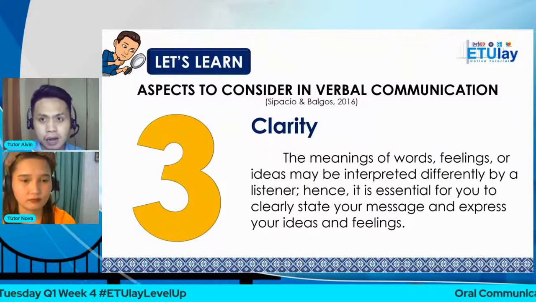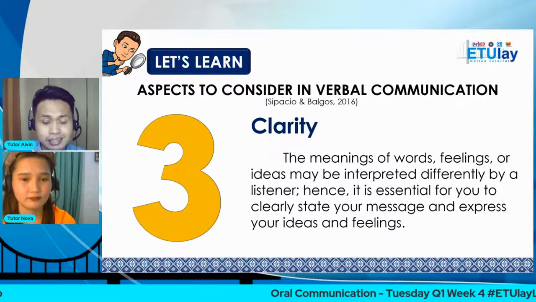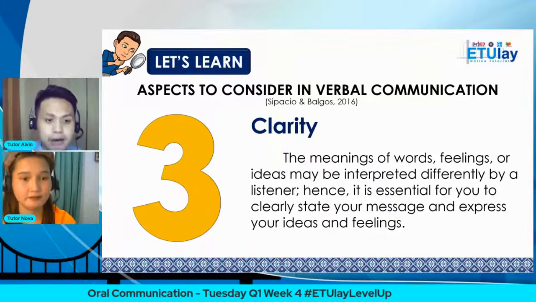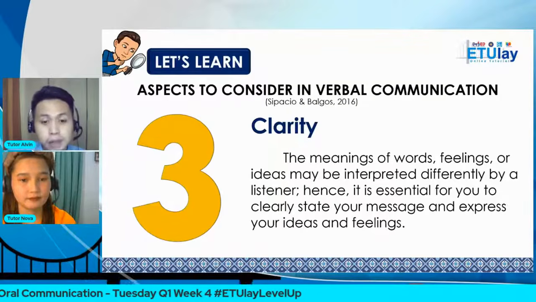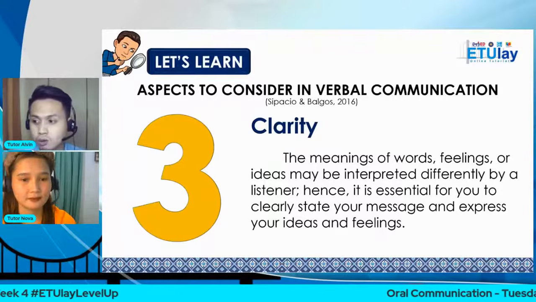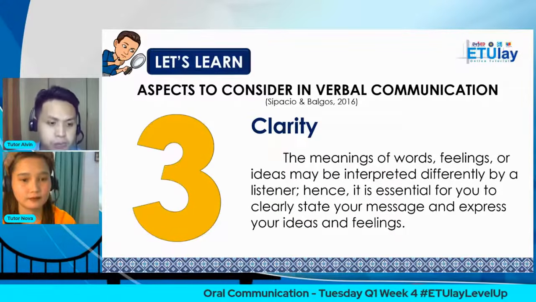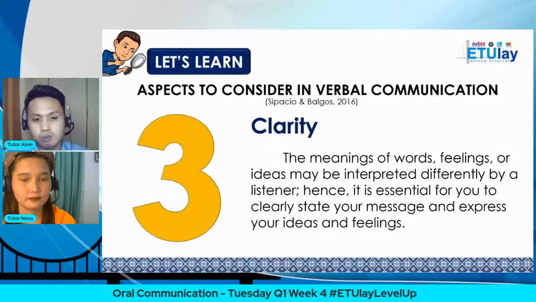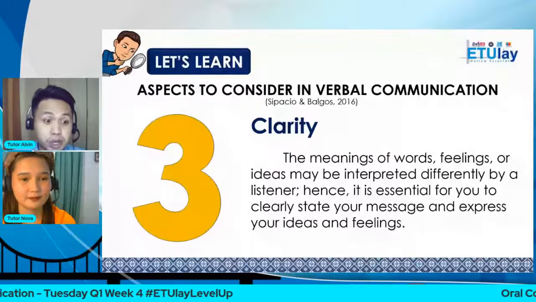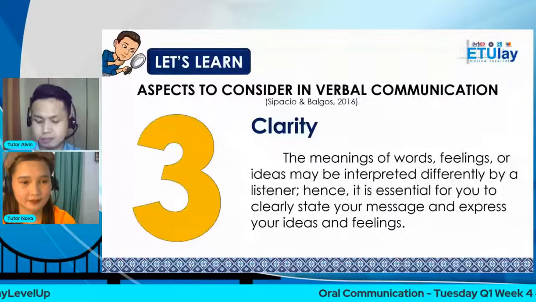The thing or the idea you want to express is directly understood, or stated by you to your listeners, because as much as possible you don't want to cause confusion. And you don't want, of course, miscommunication because of some unclear messages.